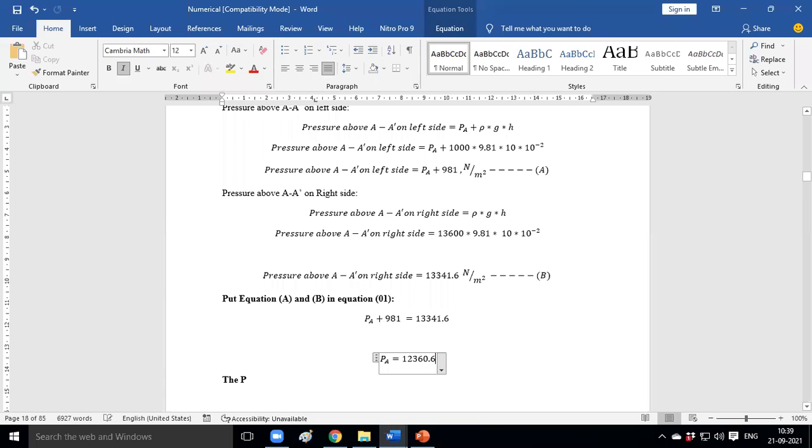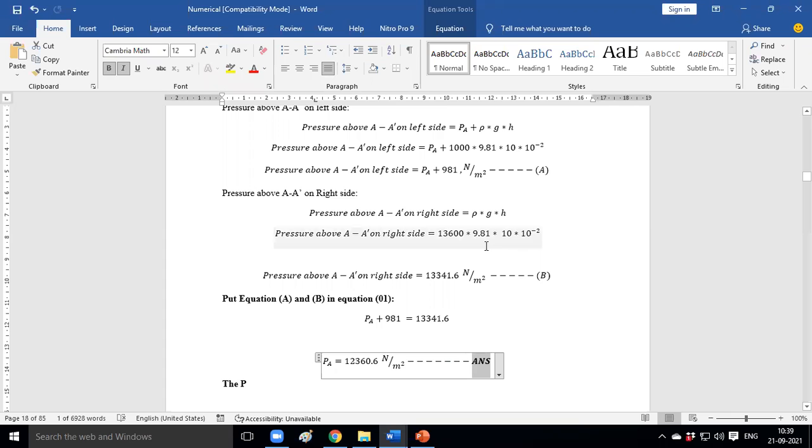One more point is missing, that is the unit we need to mention. Which unit? Newton per meter square. Correct. So this is the value of pressure in the pipeline.